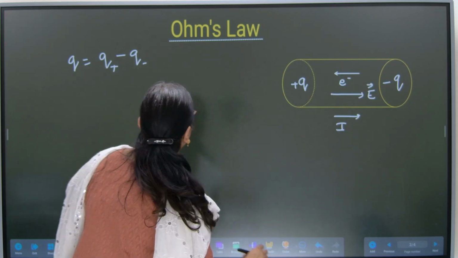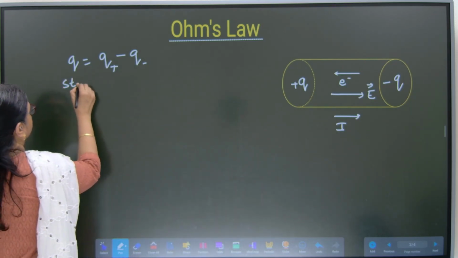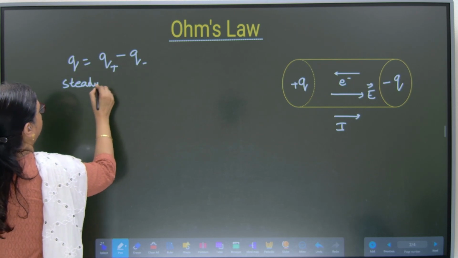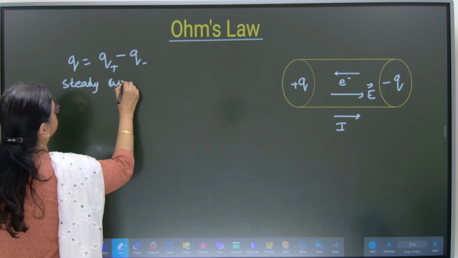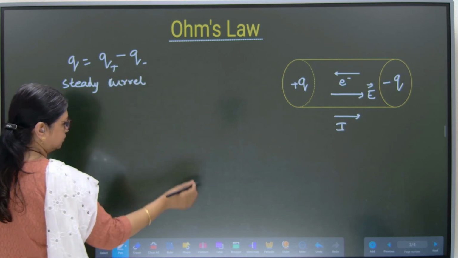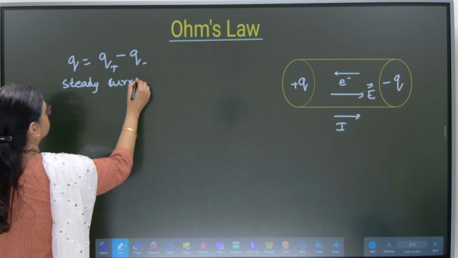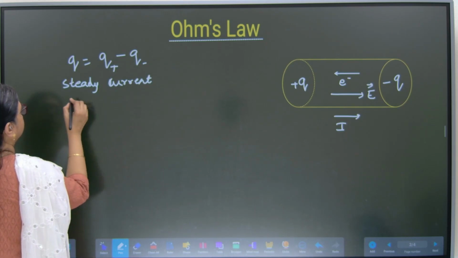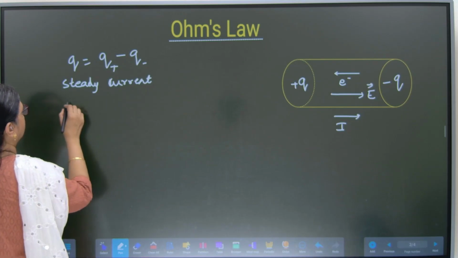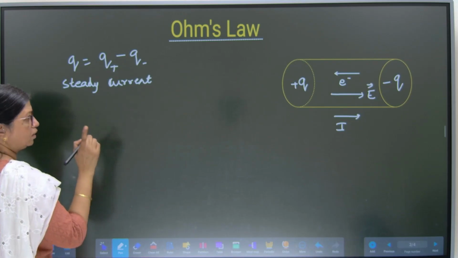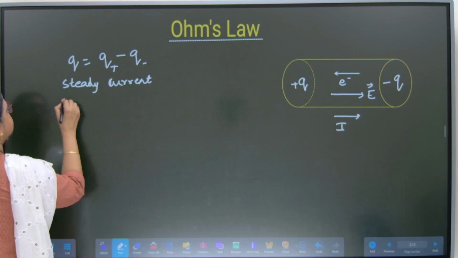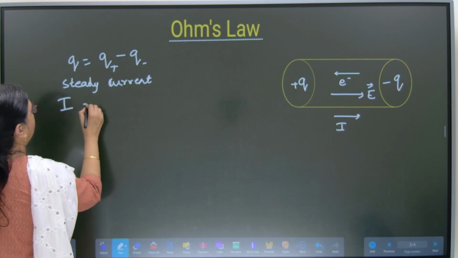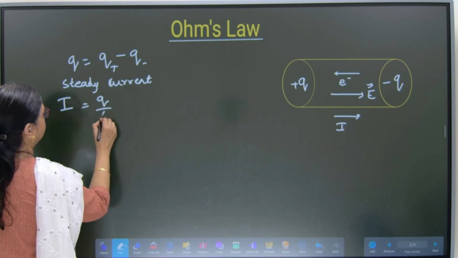For steady current, we have the charge directly proportional to the time of flow such that we get I is equal to Q by t.